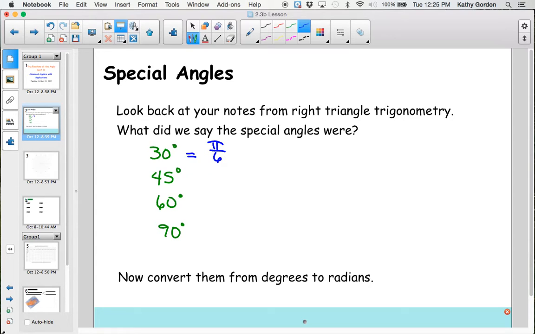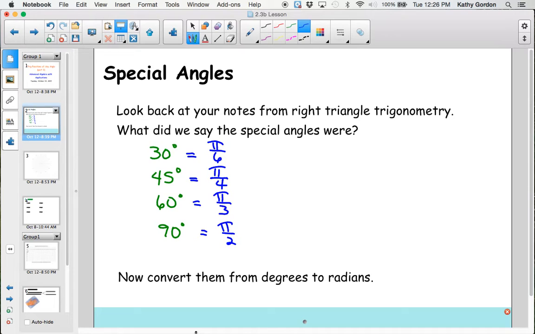All right, 45 degrees, Alton. 60 degrees, Morgan. Pi/3. And 90 degrees, Alfred, what's 90 going to be? Pi/2. Okay?